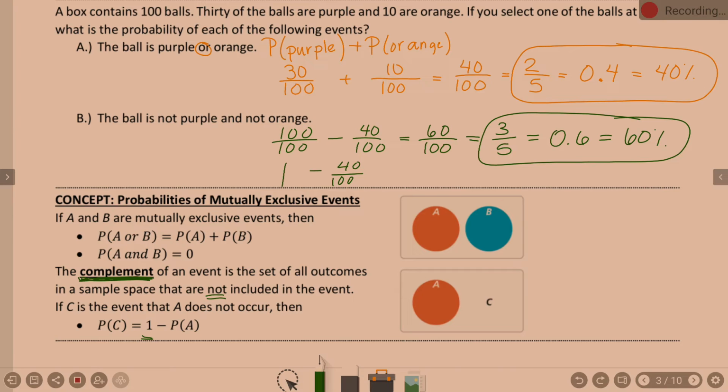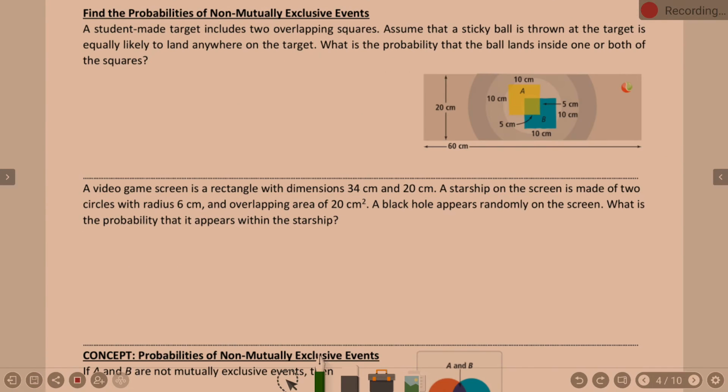A student-made target includes two overlapping squares. Assume that a sticky ball is thrown at the target and is equally likely to land anywhere on the target. What is the probability that the ball lands inside one or both of the squares?